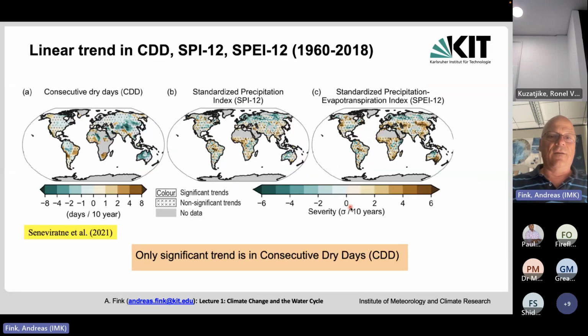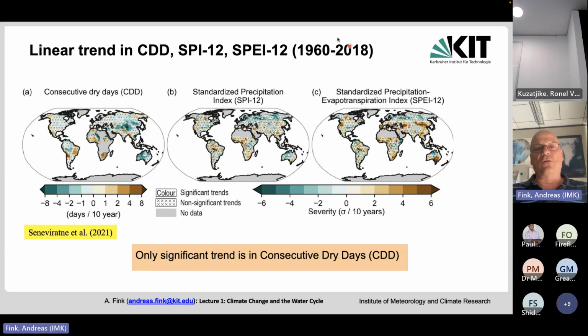So what are the trends in two measures that are frequently used to describe meteorological droughts, agricultural droughts, or hydrological droughts? So this is the standardized precipitation index. It's taken over 12 months. And that's the standardized precipitation evaporation index. It takes into account evapotranspiration as a loss.